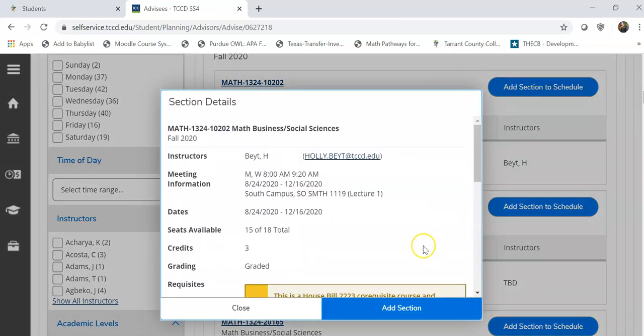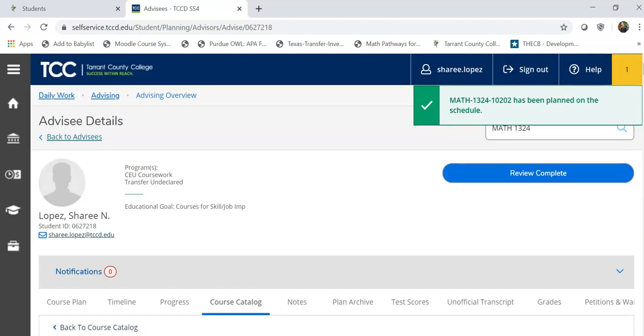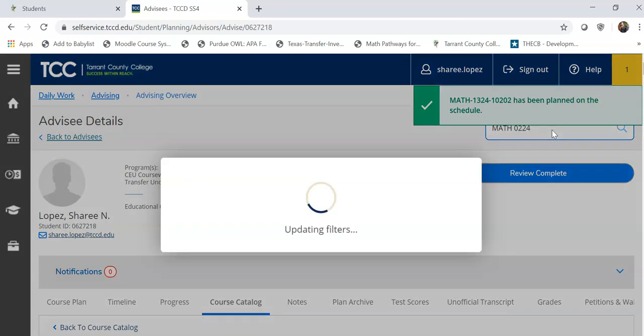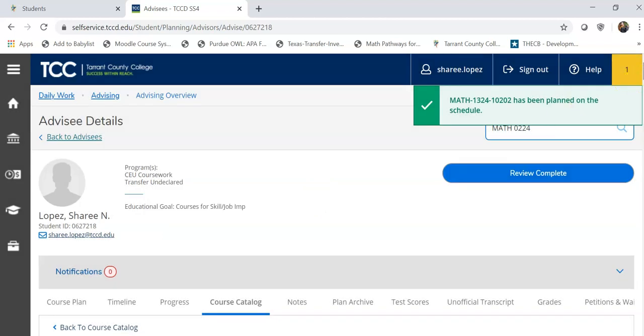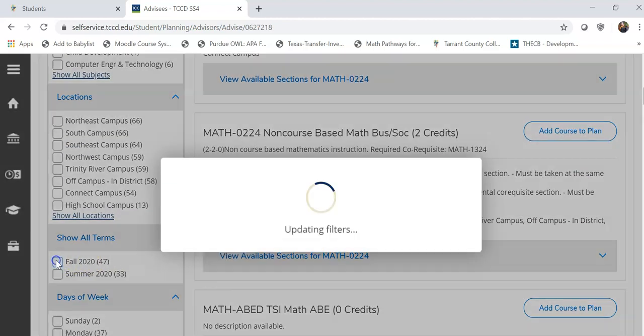So you go in there, you add it. Put in the other number. Filter by fall.